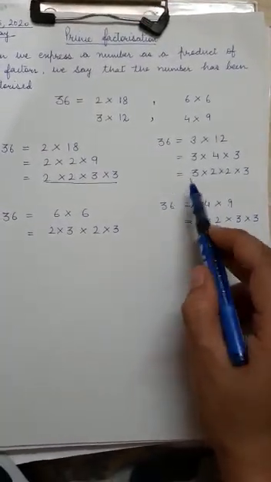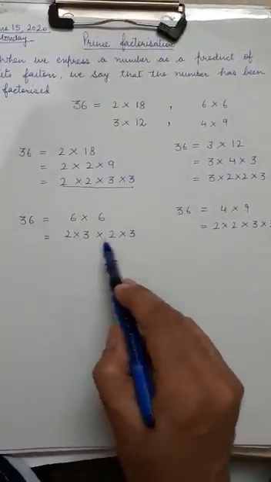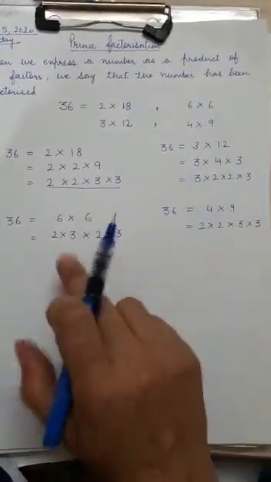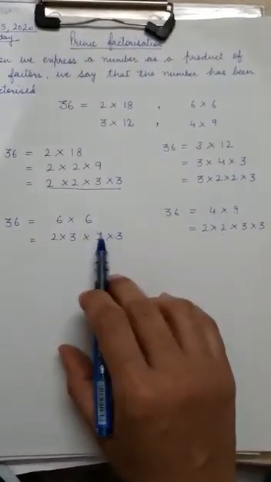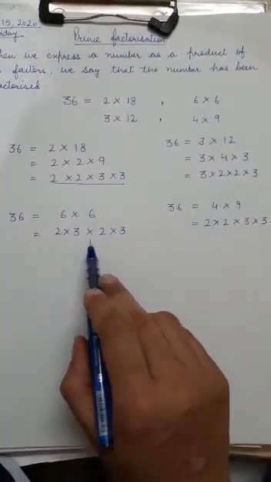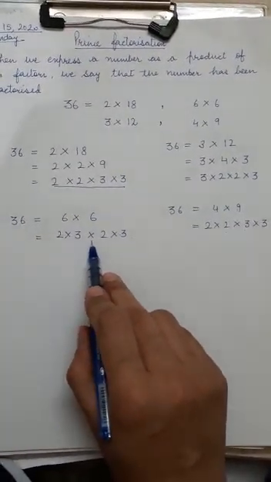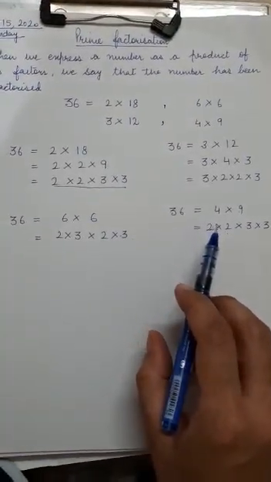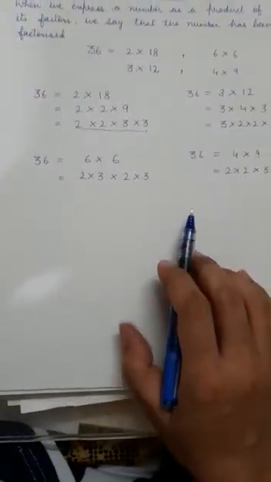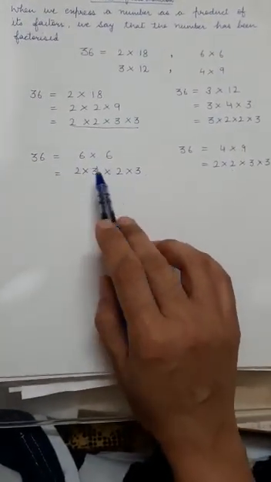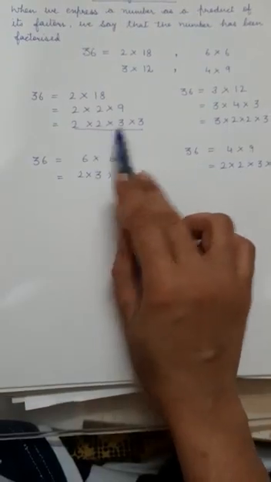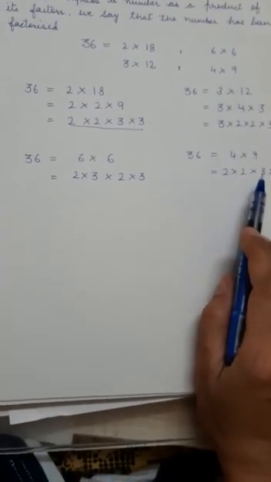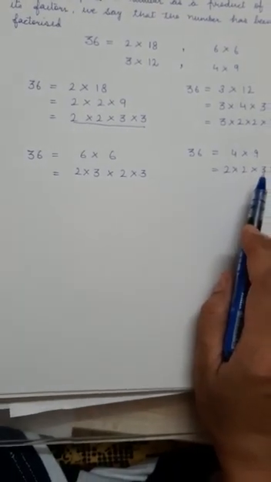So again in all four of the factorizations, at the last I am getting the same factorization in the form of 2s and 3s, right? Now these 2 and 3 are prime numbers, which means such factorization where all the factors are prime numbers is called a prime factorization of the number.